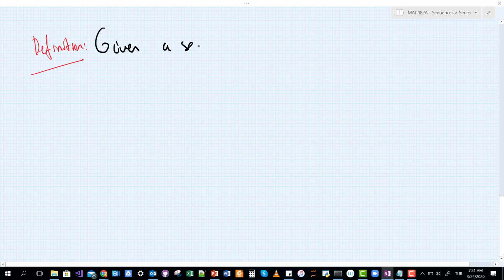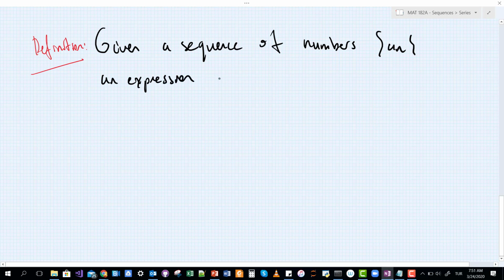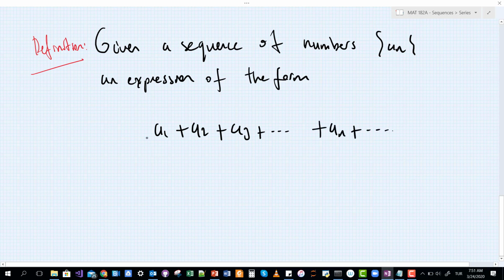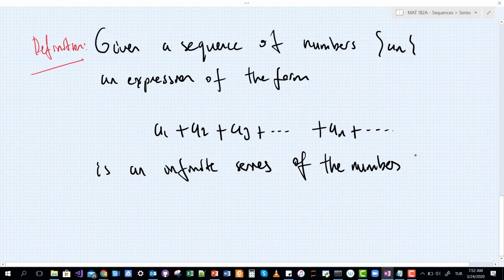So, given a sequence of numbers an, an expression of the form a1 plus a2 plus a3 plus up to an is an infinite series of numbers, and an is the nth term of the series.